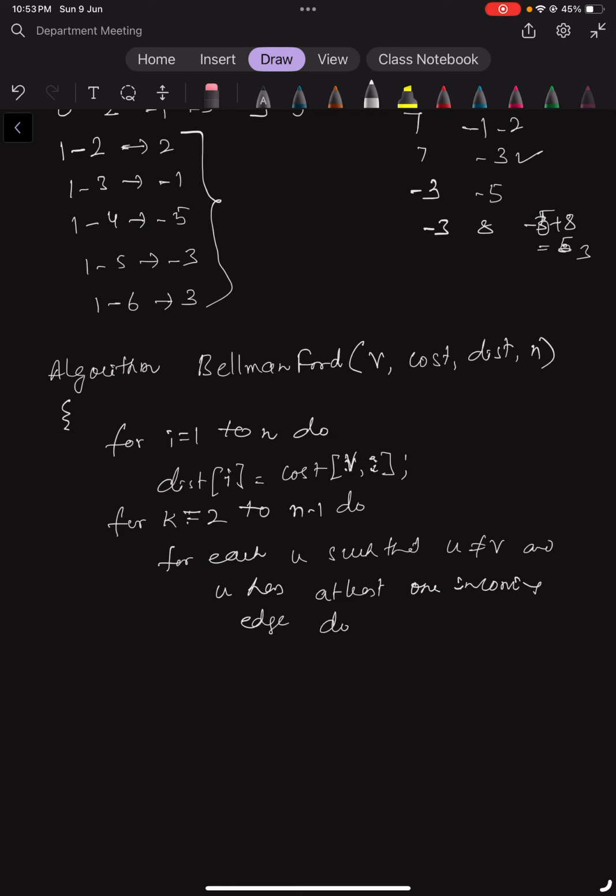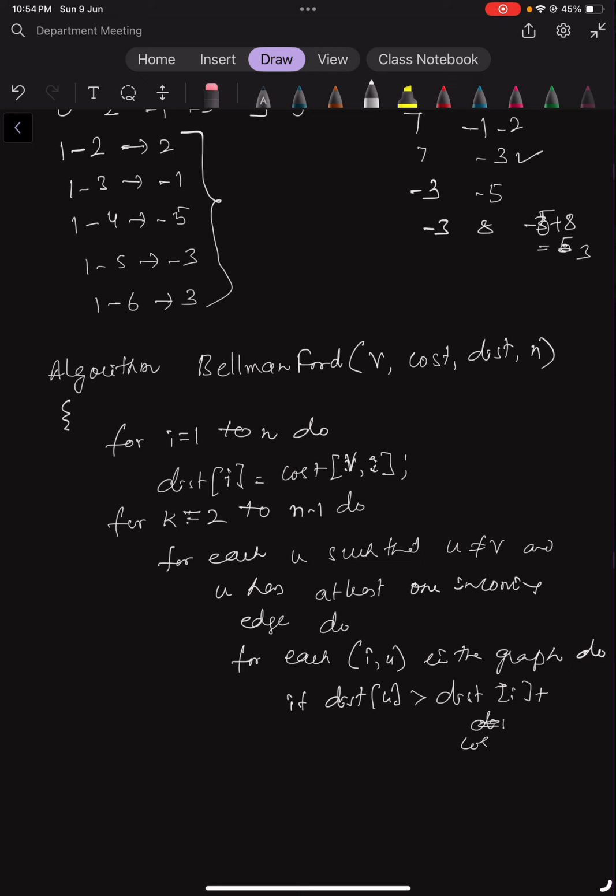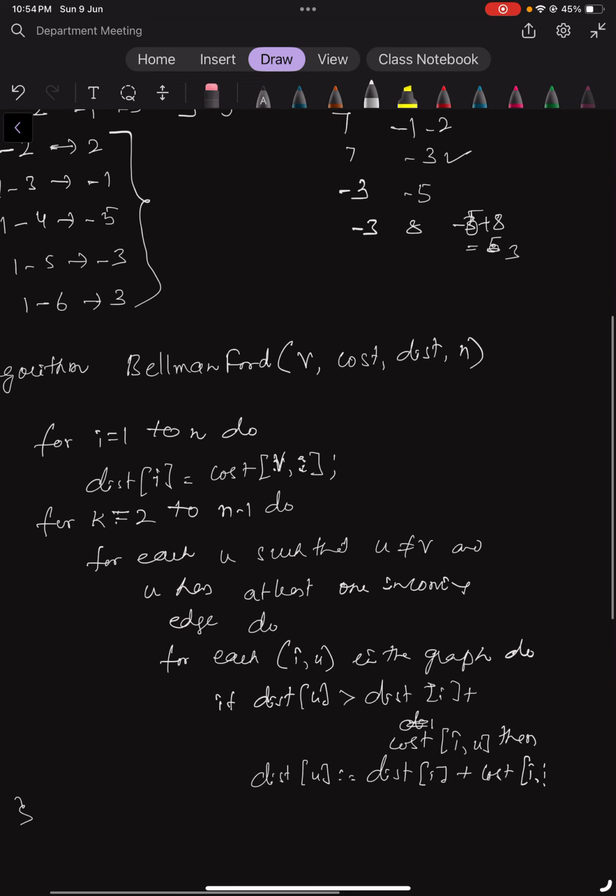Now what we are going to do is, for each I comma u in the graph, do: if distance of u is greater than distance of I plus cost of I comma u, then distance of u is equal to distance of I plus cost of I comma u. Okay, so that's all. This is the algorithm.